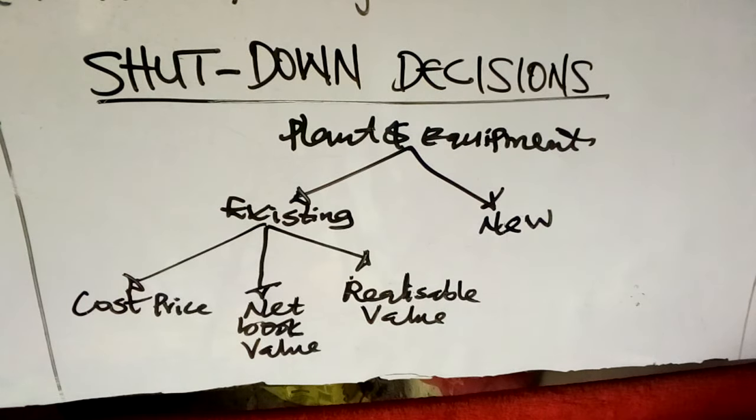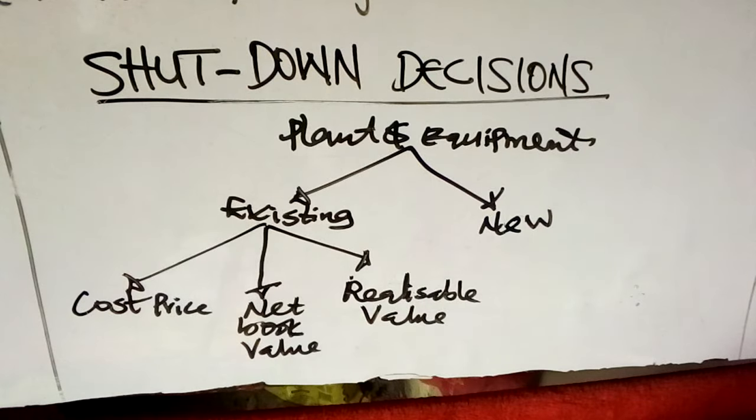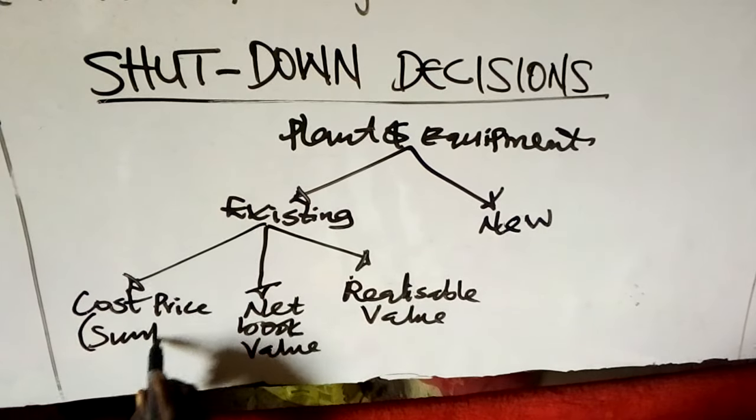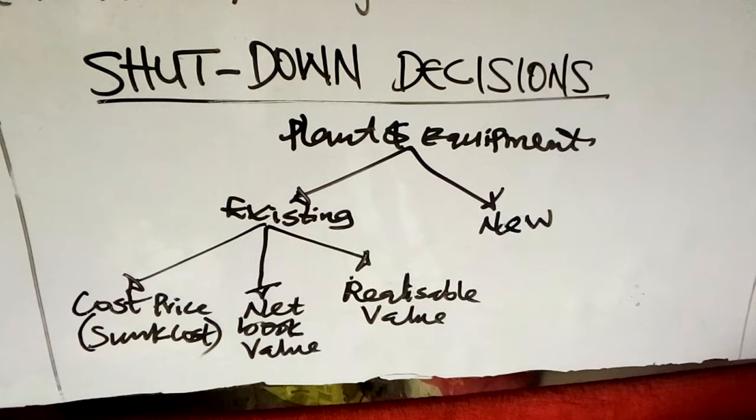Since it has been bought in the past, that amount is a sunk cost. The cost price is a sunk cost. Sunk cost means past cost, and past costs are not relevant. The purchase price is a sunk cost and it's not relevant.